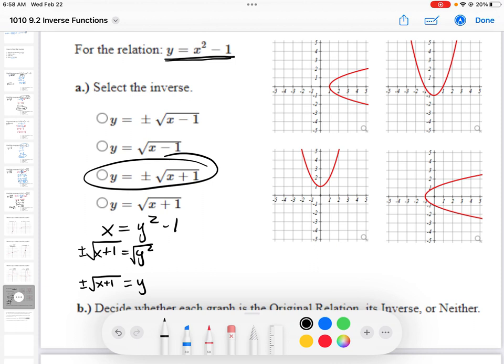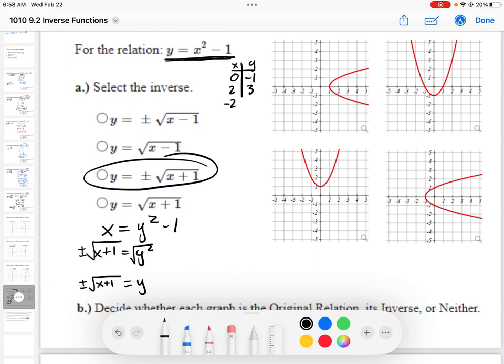Then you would look at the graphs to see which graphs correspond to the original relation and which ones correspond to the inverse. You would say, okay, if I have y equals x squared minus 1, some of the things that make that equation true are 0 and negative 1, or 2 and 3, because 2 squared is 4, 4 minus 1 is 3.